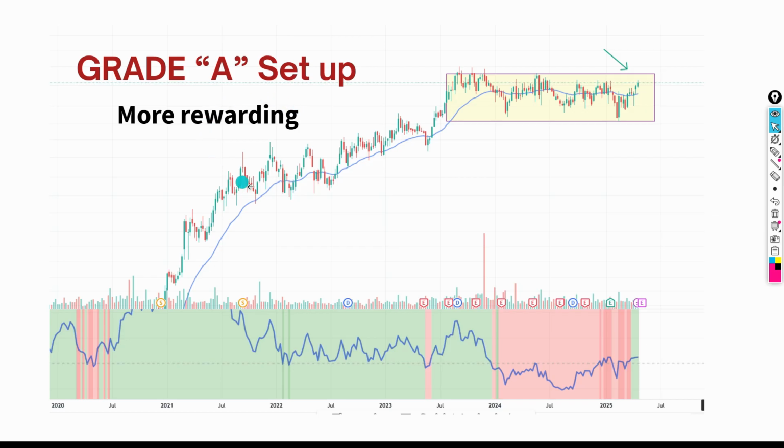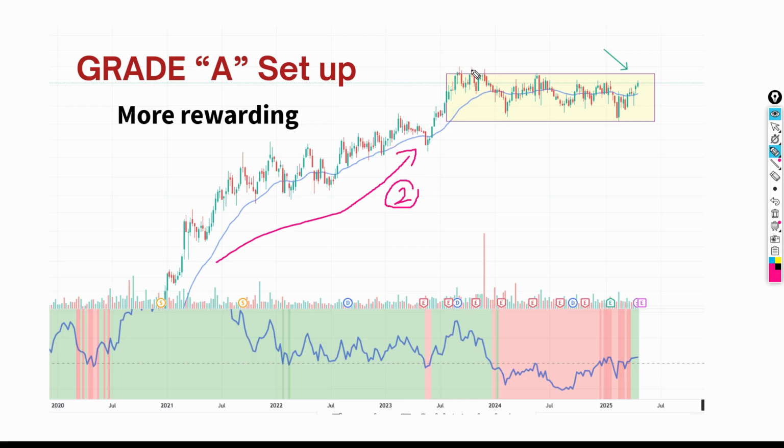And I will also show another example. This is also in the making. It is APL Apollo Tubes. It's a beautiful stock that is setting up, and I think it has broken out now. Yes, it has broken out now. So this is another setup. Can you see what happened here? This was a beautiful stage 2.